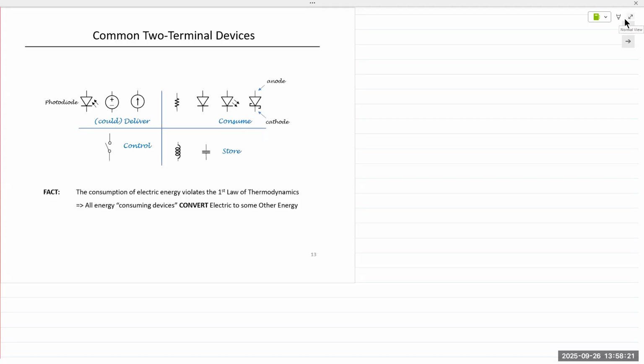Picowatt is nothing, 10 raised to minus 15. But if you multiply that by billions of transistors, now the heat dissipation is in tens of watts. The sheer quantity of those transistors is what makes it heat up.